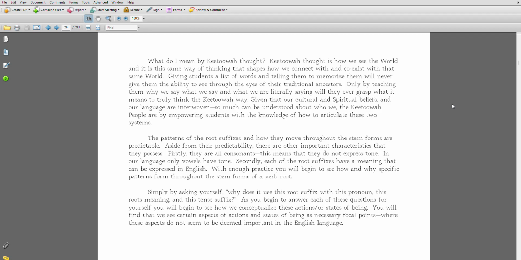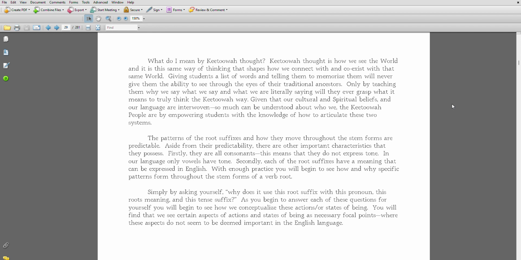Secondly, each of the root suffixes has a meaning that can be expressed in English or with an English translation. With enough practice, you will begin to see how and why specific patterns form throughout the stem forms of a verb root. Simply by asking yourself, why does it use this root suffix with this pronoun, this root's meaning, and this tense suffix?